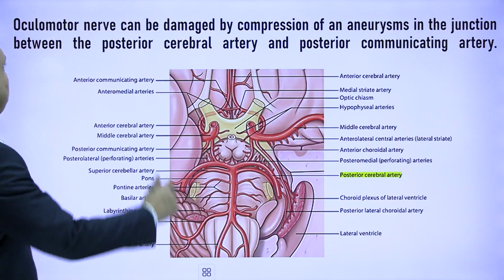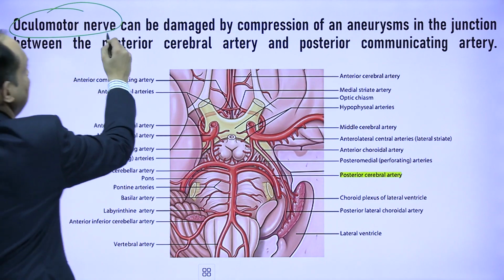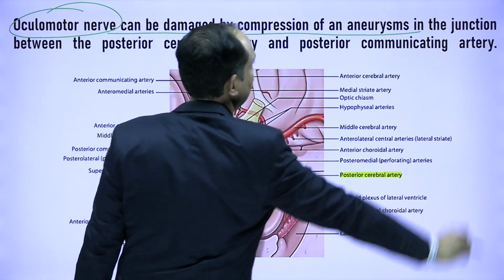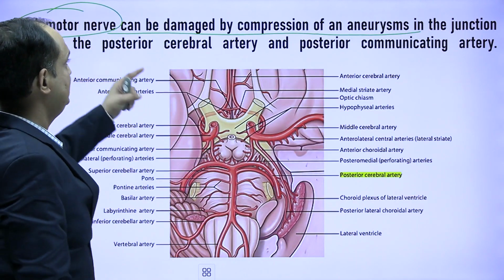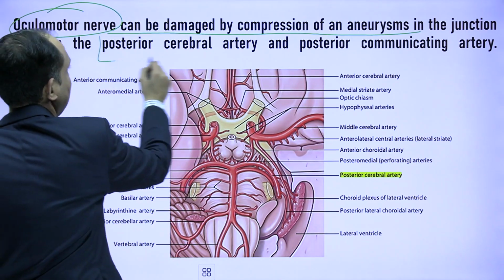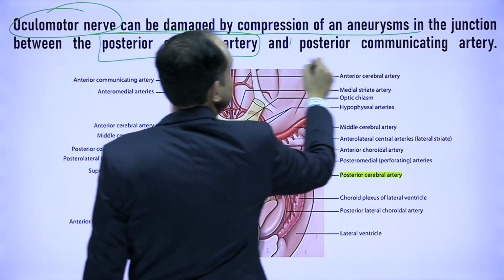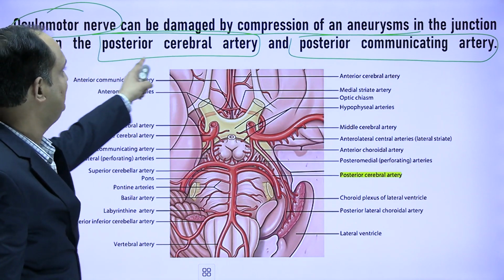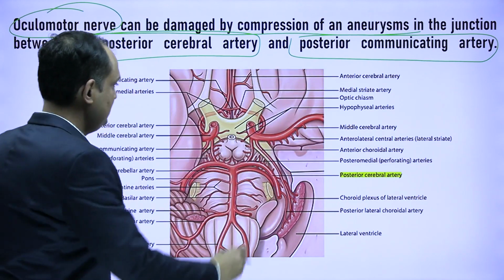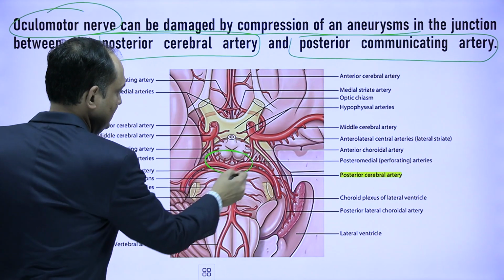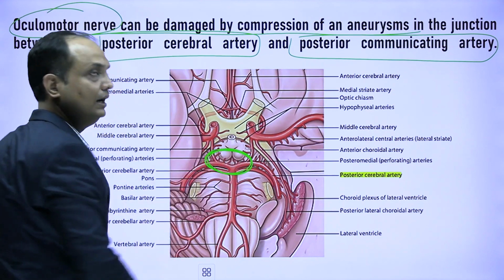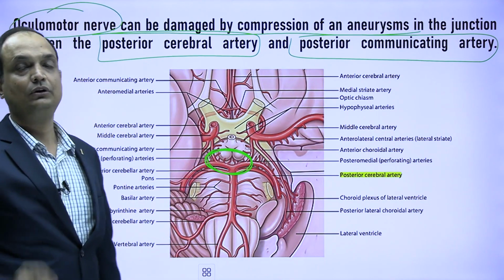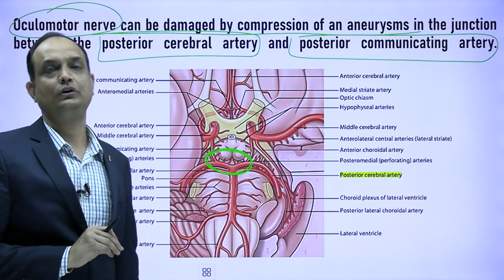Now, there is one more question: the oculomotor nerve can be damaged by compression from an aneurysm at the junction between the posterior cerebral artery and the posterior communicating artery. I just told you that the posterior cerebral and posterior communicating arteries are present here in the interpeduncular area, and here you have the close relation of your oculomotor nerve.